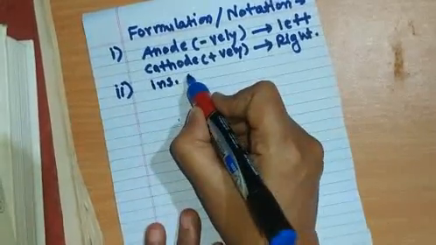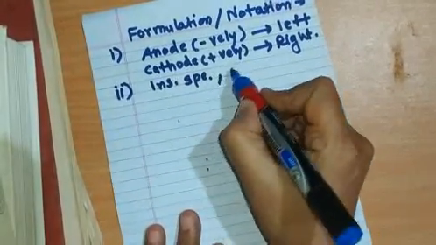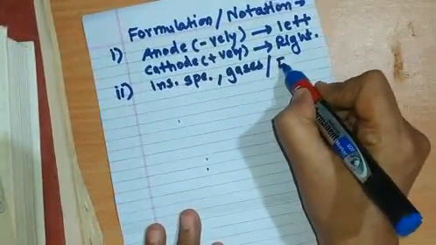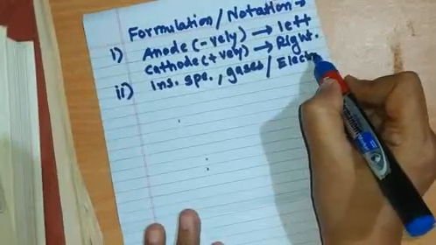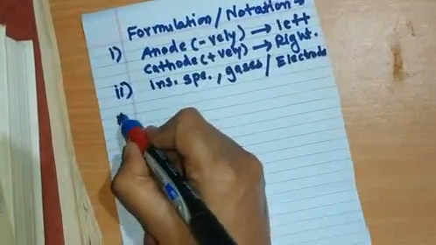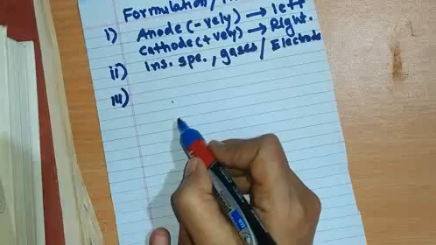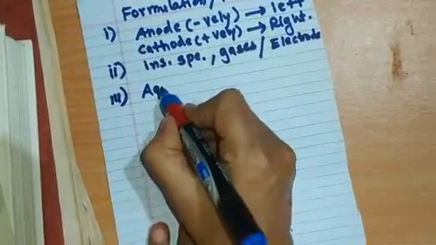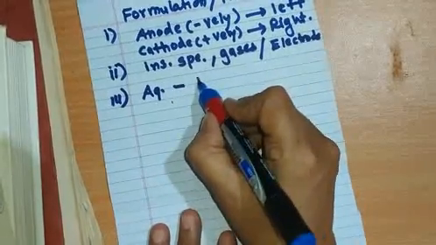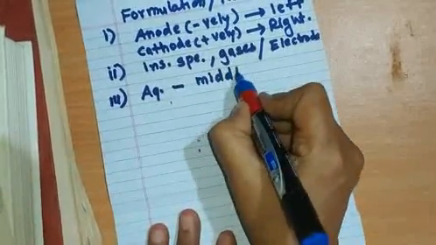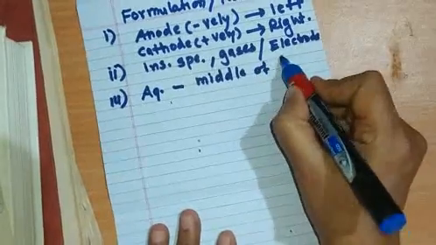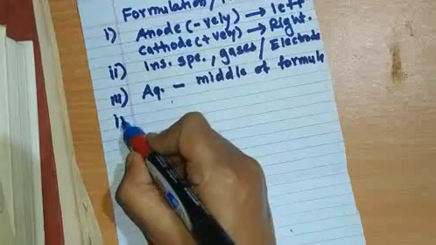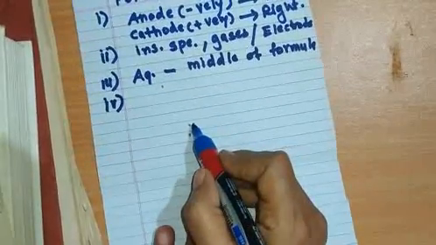The third rule is that aqueous solutions are placed in the middle of the formula.